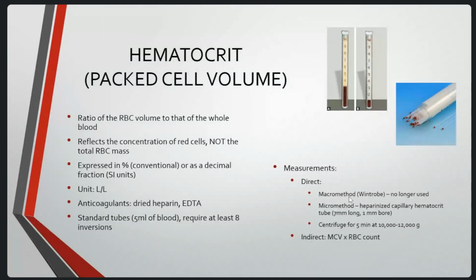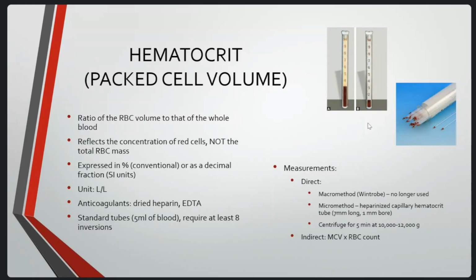For the measurement of hematocrit, we can have a direct or indirect method. For the direct, we use the Wintrobe or the Van Allen method, the one in the upper right of the picture, but it is no longer used. I have not seen a Wintrobe tube up to now.